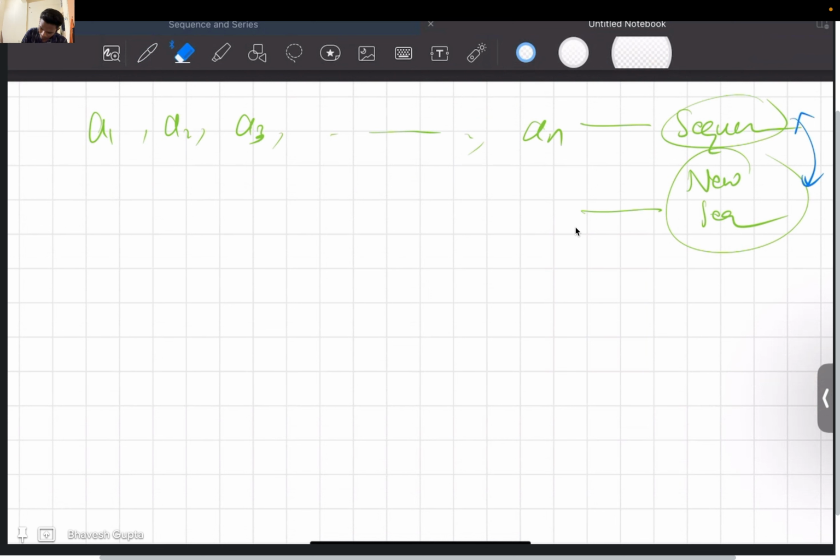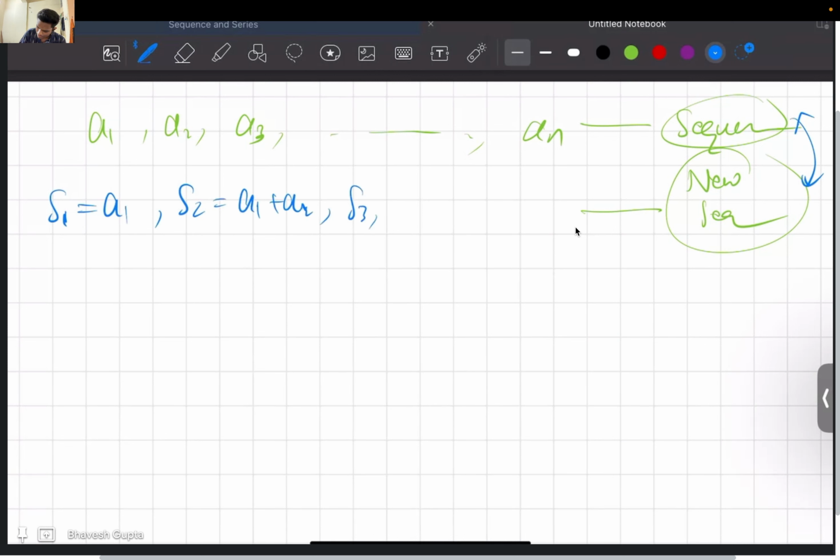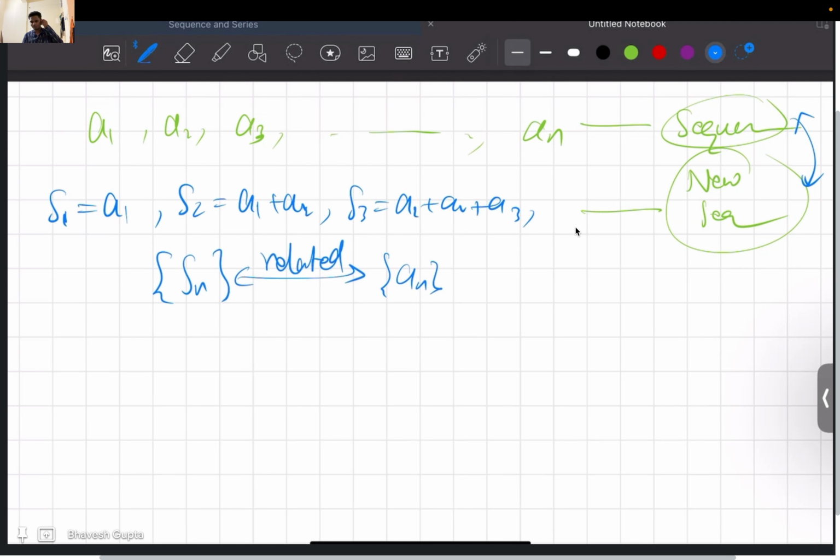I'll do this: S1 would be just a1, S2 would be a1 plus a2, S3 equal to a1 plus a2 plus a3. And you can see again I have a new sequence, and this sequence and that sequence are related. So here I have converted the idea of series into a sequence.